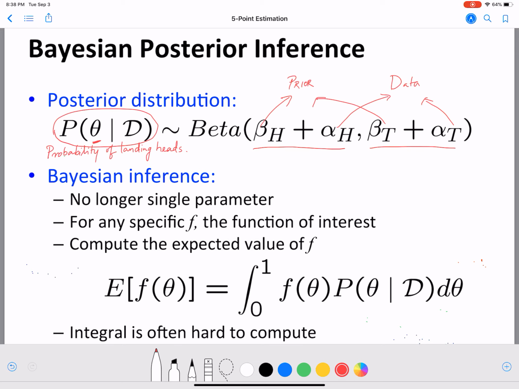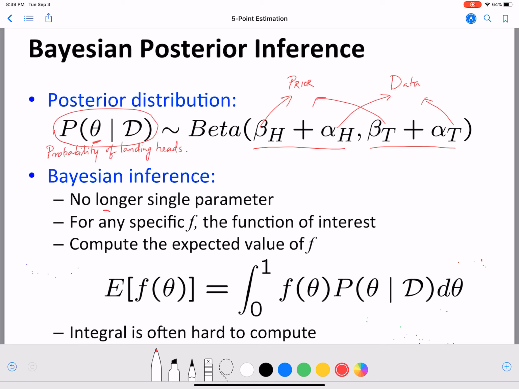And since it's a distribution, to sample from it, the best sample that corresponds to our theta value from this distribution would be equal to the expectation of theta under this distribution. So a generic form would be expectation of f of theta, where f of theta is any function of theta.